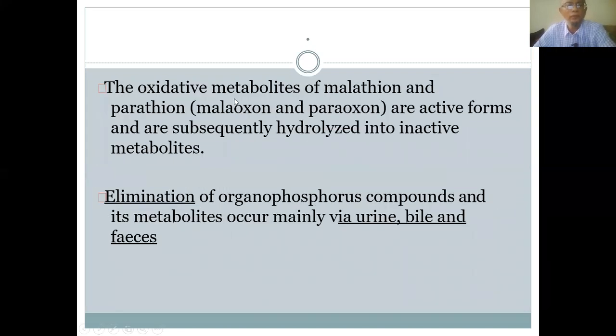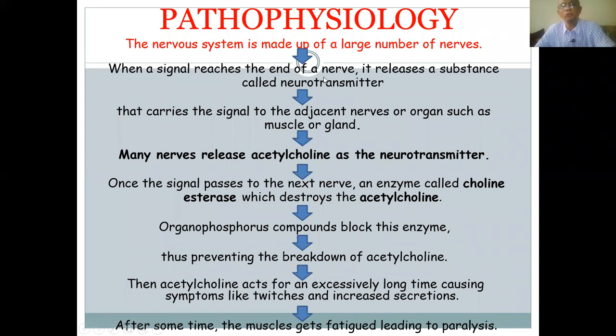The oxidative metabolites of malathion and parathion are active forms and are subsequently hydrolyzed into inactive metabolites in the liver. Elimination of organophosphorus compounds and their metabolites occurs mainly in the urine, bile, and feces. So this is how the inactive as well as the active compounds are excreted.